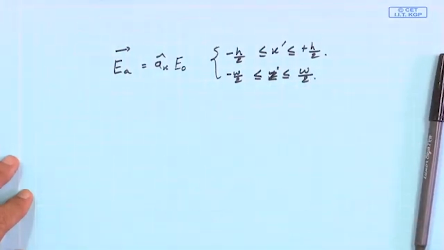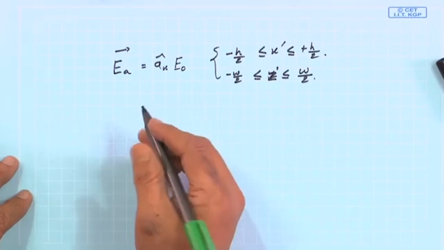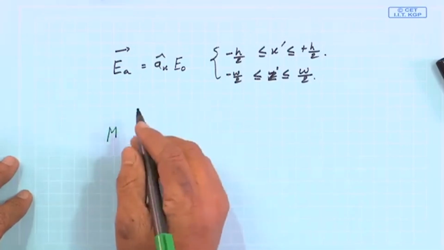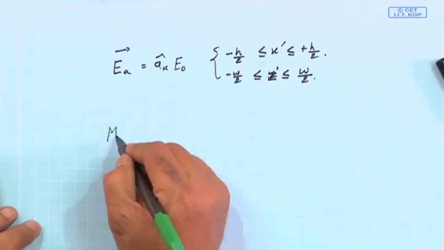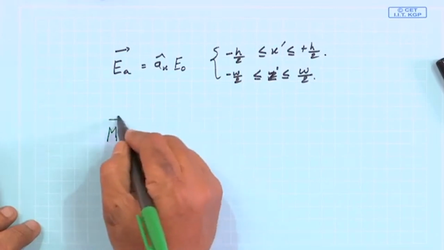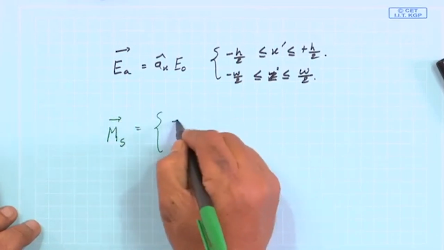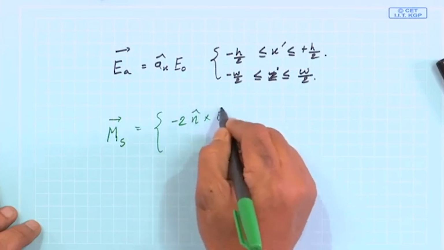The equivalence principle says that, since this slot is backed by a ground plane, there will be Js equal to 0 and Ms equal to minus 2 n cross Ea.